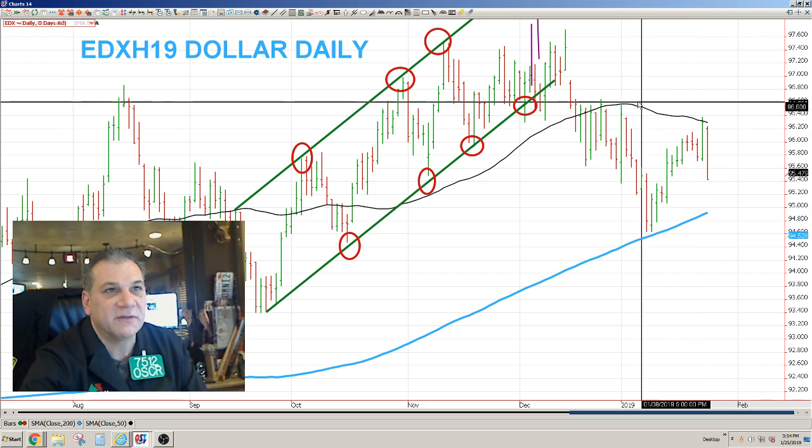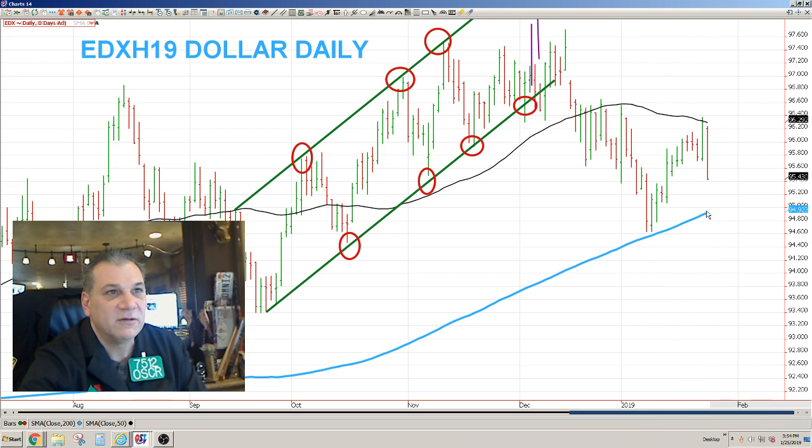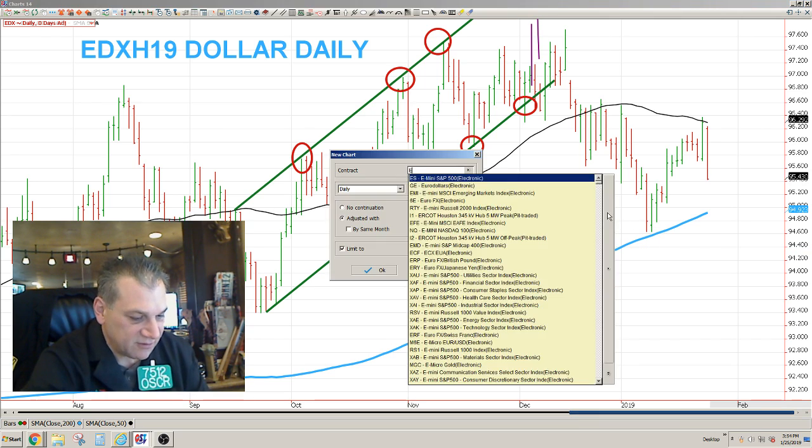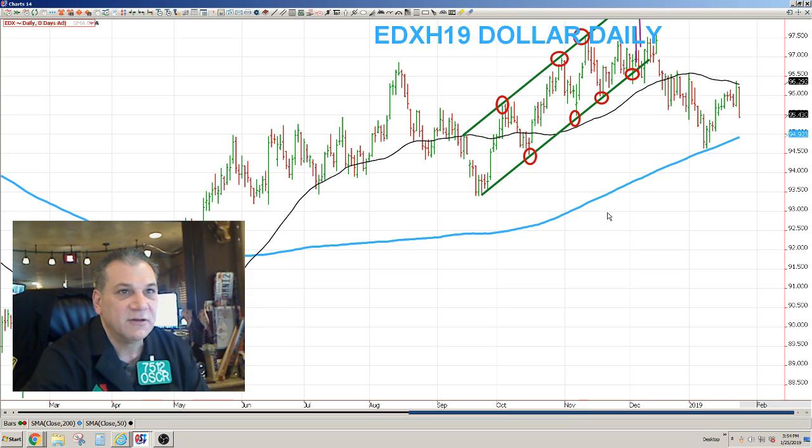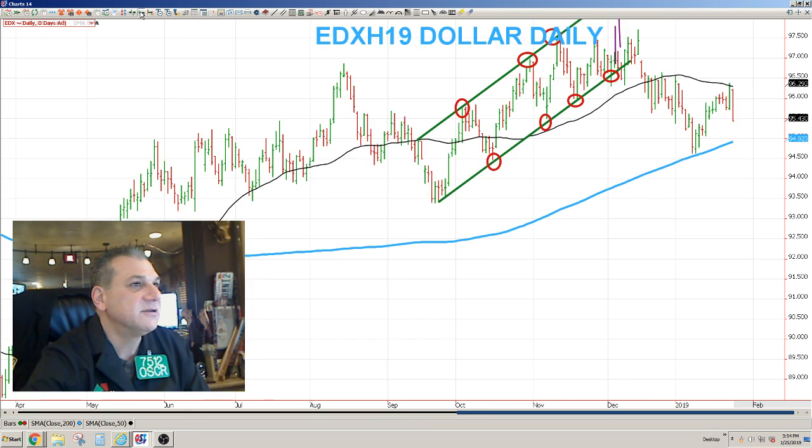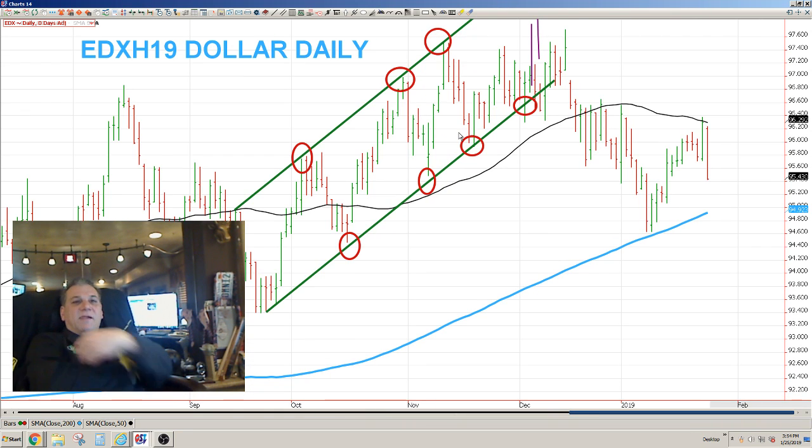Right at the 50. Goodbye. Look at that pattern right there. It's the same freaking pattern. This can't be right. This is not our dollar. That's our dollar. Yes, it is. It's got the same pattern. It looked so different last night with that big green bar going up. That sure does. It's the flavor of the year, it seems.